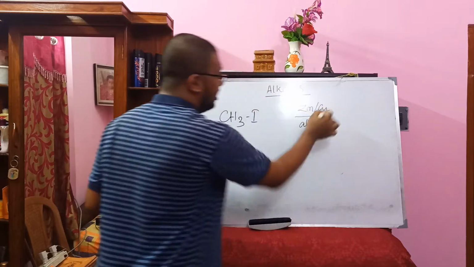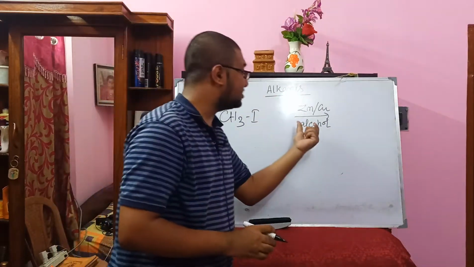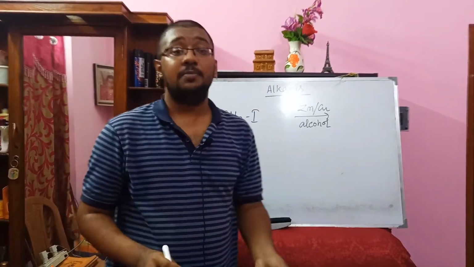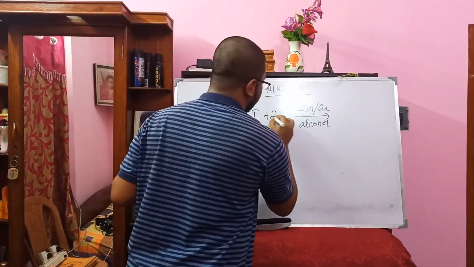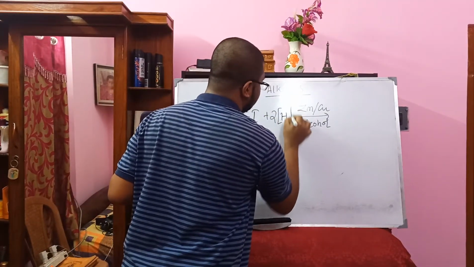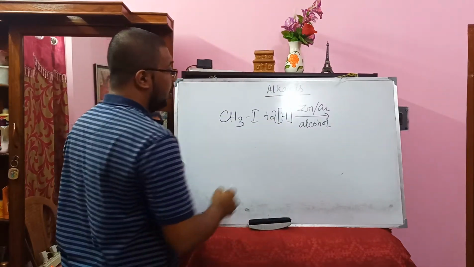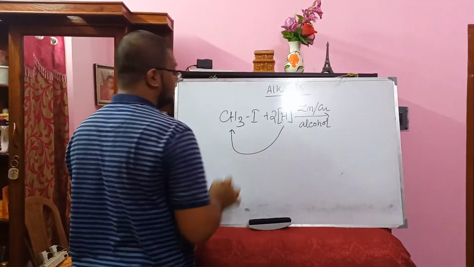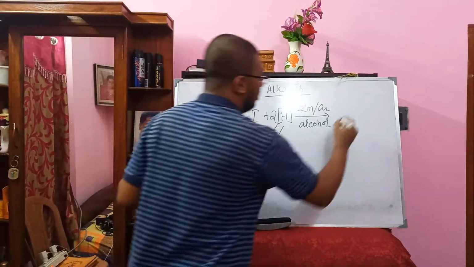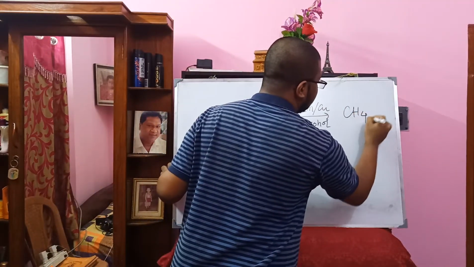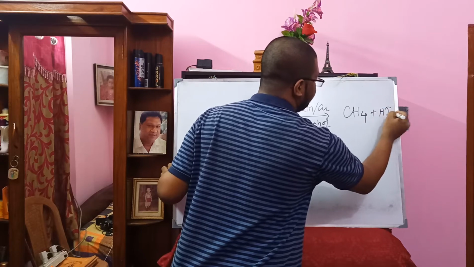The zinc and copper couple is extracting nascent hydrogen, meaning hydrogen atoms, from this alcohol. One of the hydrogens will be joining here, and one will be joining there. So you get a product, that is CH4 plus HI.